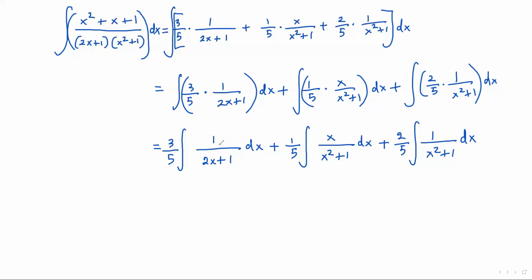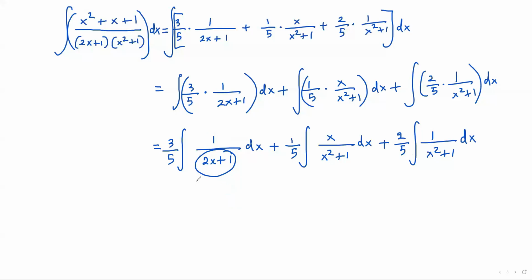Okay, now if I look at the first integration carefully, the denominator is 2x + 1. So the derivative of this denominator 2x + 1 with respect to x is just 2. If I have the derivative of this denominator, 2, in the numerator, I can integrate this function easily.